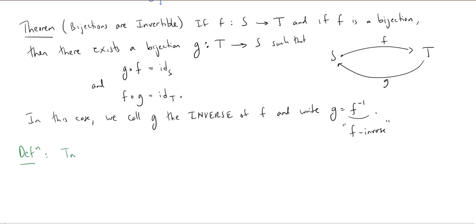So I have two sets, maybe they're S and T, whatever. We're going to say two sets have the same cardinality. What does that mean? We're going to say it if there is a bijection between them.